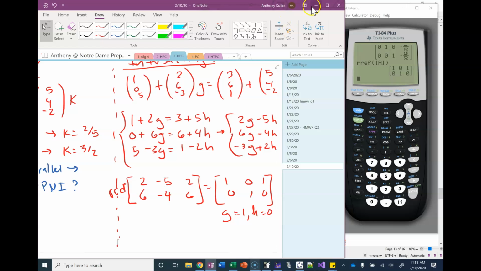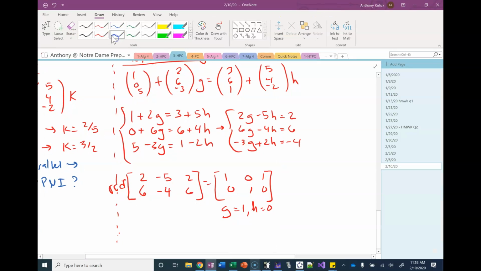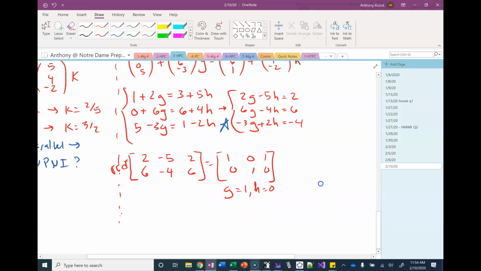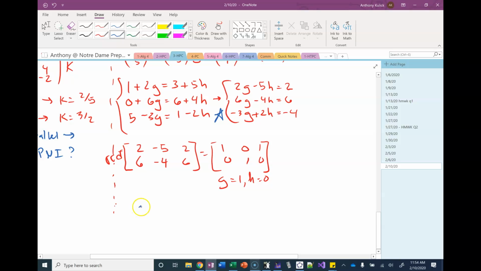Okay. So the last thing I need to do to tell the difference between intersecting and non-parallel, non-intersecting is to check to see if that solution satisfies the 3rd equation. So negative 3 times 1 plus 2 times 0 should equal negative 4.